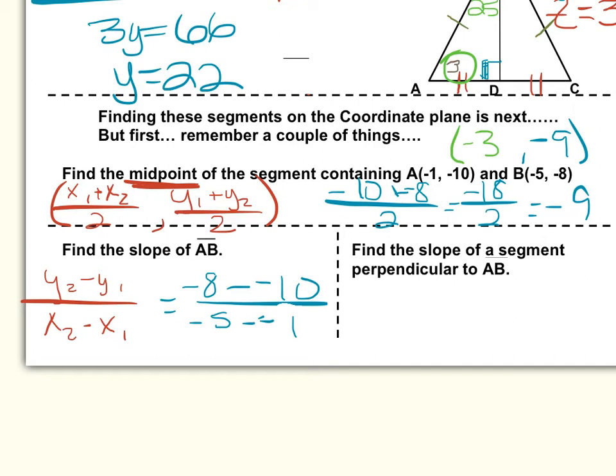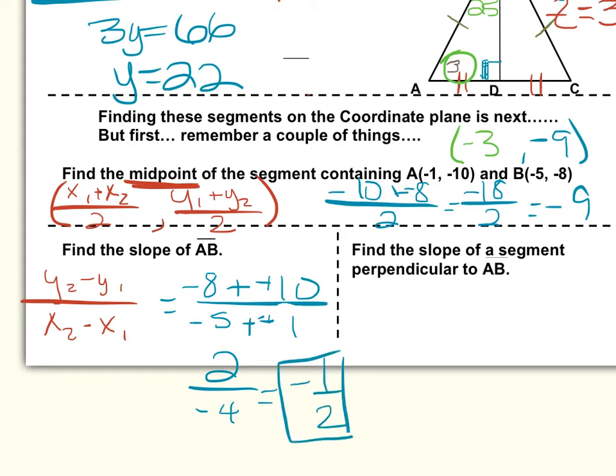According to integer rules, keep, change, change. So negative 8 plus 10 is 2. Negative 5, keep, change, change. Negative 5 plus 1 is a negative 4. So 2 over negative 4 is a negative 1/2.